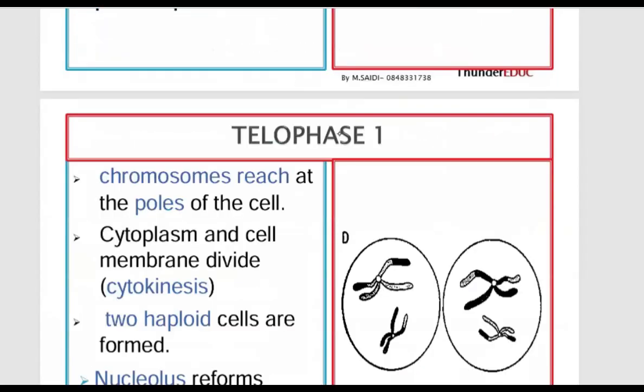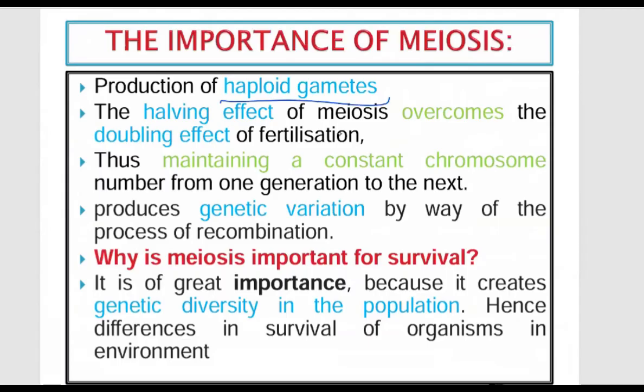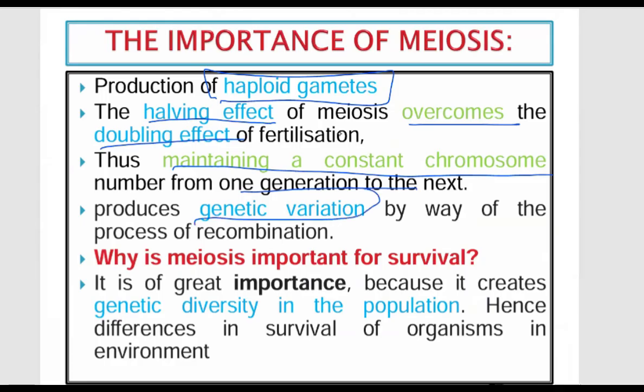We see that the function of meiosis, the importance of meiosis, is to produce haploid sperm cells, that is haploid gametes. Those are the sperms and ova. And then number two, the halving effect overcomes the doubling effect. That's what I'm saying, that it maintains the chromosome number constant from generation to generation. Then another one is to cause genetic variation.